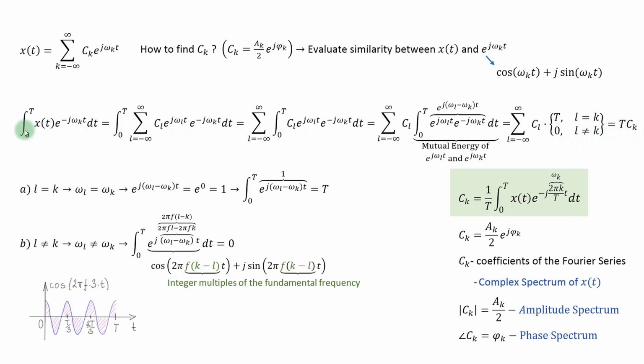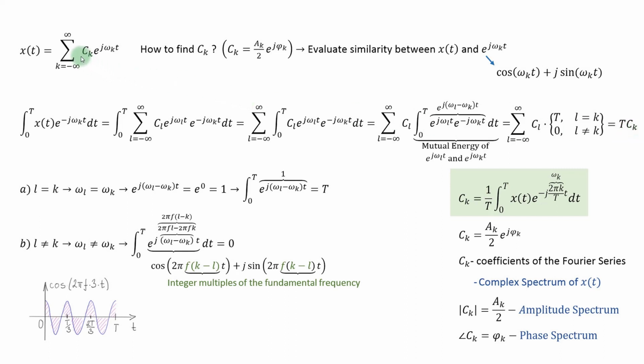So the moral of the story is that when I evaluate the similarity between my signal and a complex exponential at the frequency omega sub k, that is, when I compute the mutual energy between my signal and the complex exponential at the frequency omega sub k, I will actually get the complex amplitude for the index k. Yes, in this expression I still have this multiplication by the period, but I can take this value and divide it by the period, which will give me the complex amplitude for the index k, and that is exactly what I was after.